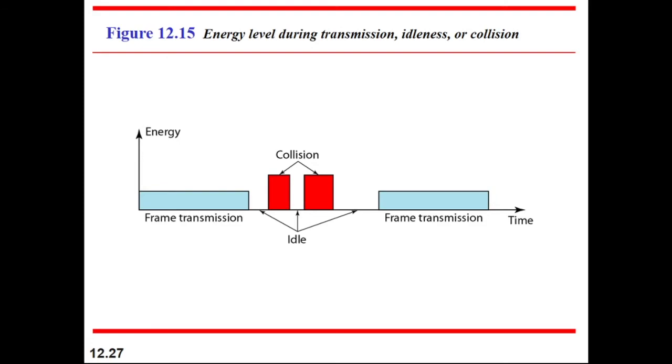And another thing, that is carrier sense multiple access with collision avoidance. Collision avoidance means you need to avoid the collision.